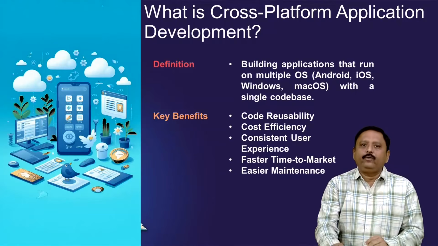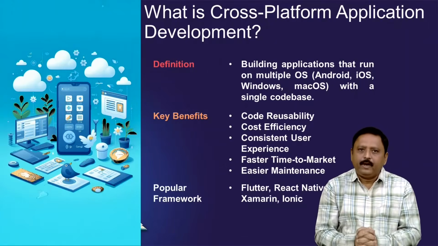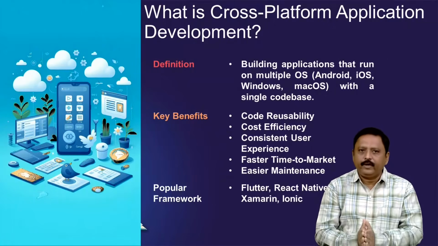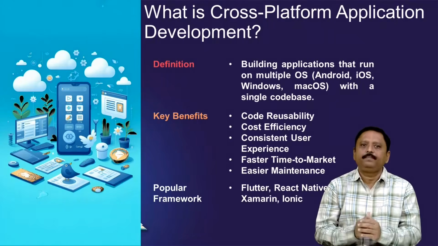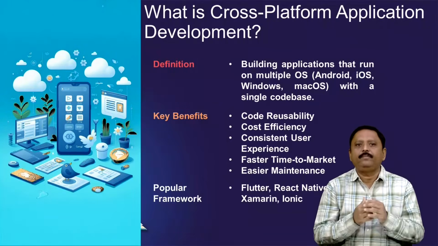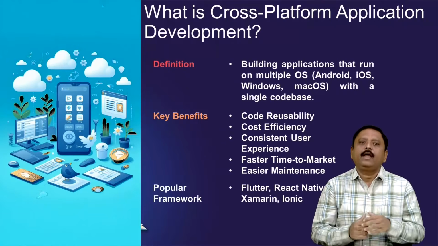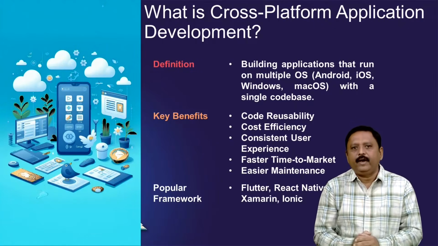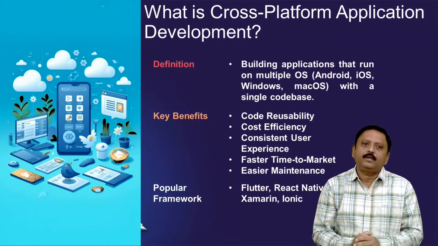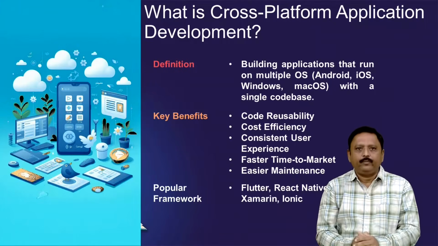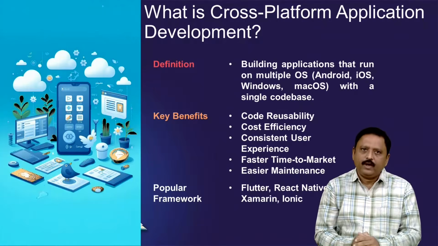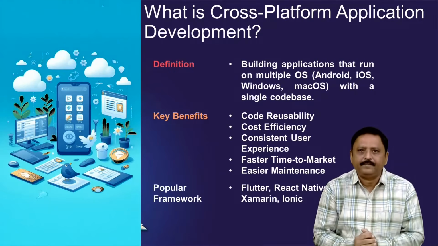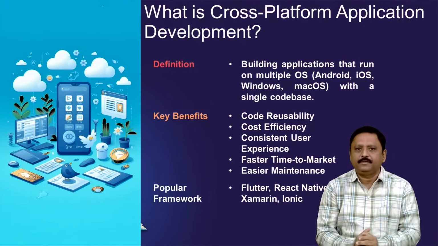Now let us try to look at some of the popular cross-platform development frameworks. Obviously, we are going to learn Flutter, which is developed by Google. It uses the Dart language and provides native performance, expressive user interfaces, and a faster development cycle. Another popular framework is React Native, which is built by Facebook, and it uses JavaScript and allows developers to build mobile apps that work across platforms.